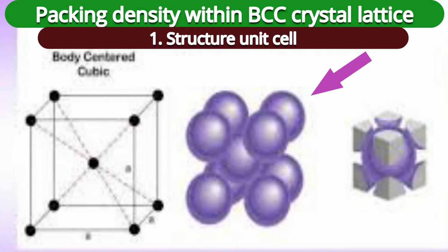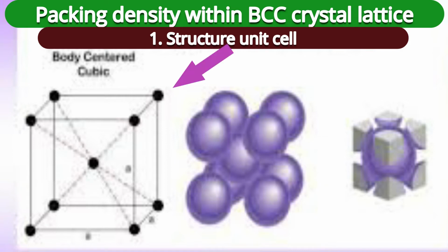See in this diagram, atoms are represented by blue spheres. You will find atoms are at corners of a cube and one atom is there at the center of the cube, which we say is the body centered atom. It is a three-dimensional arrangement. In order to make it clear, schematically, it is represented making the atoms very small.